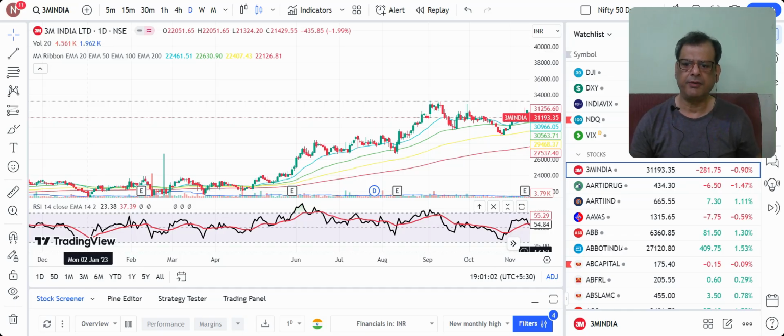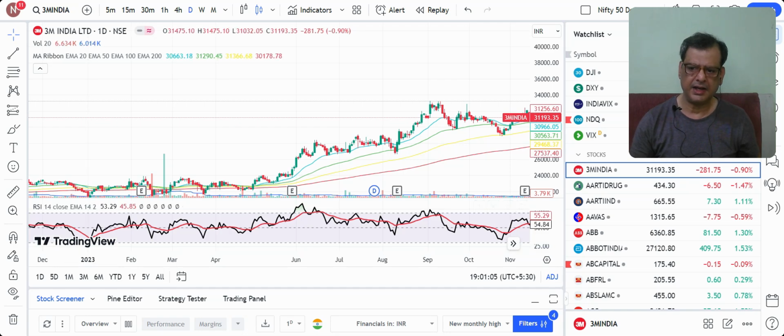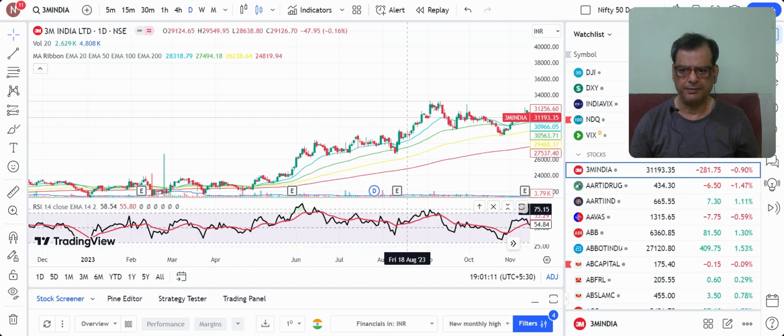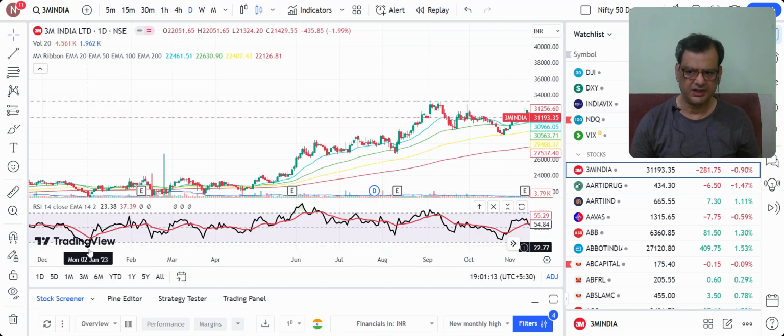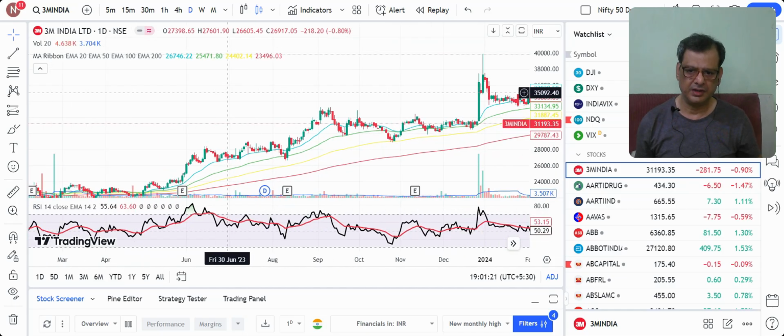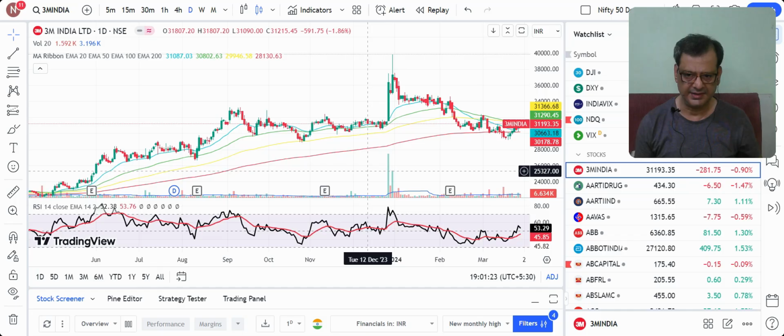Does not mean it will always go up. Remember that any security can remain oversold or overbought for long periods of time. So please, this is just for your understanding. RSI is just an indicator which will help you confirm your analysis.